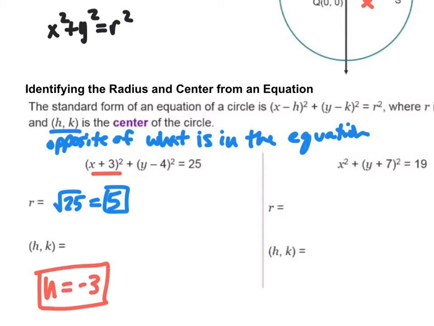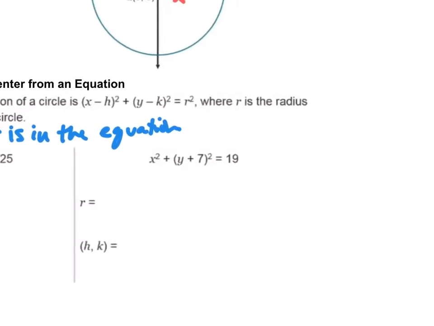And if I look at this part of the equation to figure out my k value, even though it says negative 4, it's going to be the opposite of that. So my k value is equal to positive 4. Whenever you're looking at these equations, you have to do the opposite of what the sign is, and that's the value. So my point (h, k) is the point (negative 3, 4), and that's it.